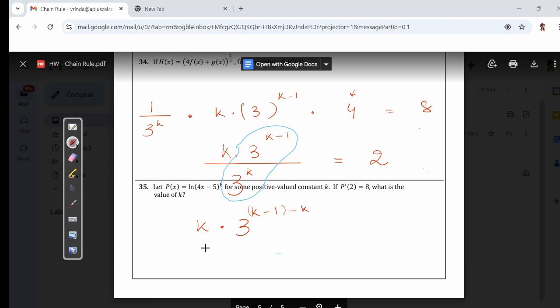I'm trying to figure out what it's equal to.